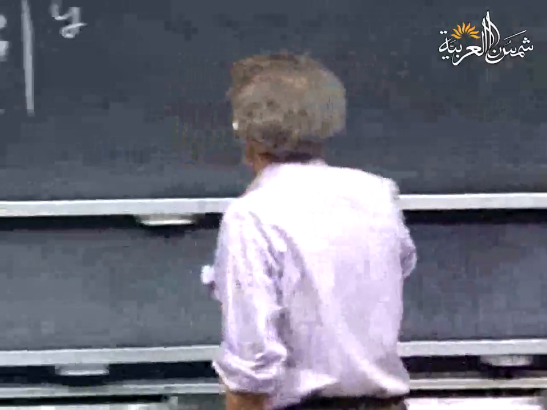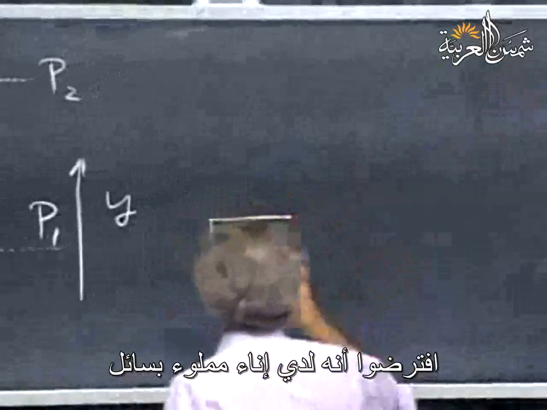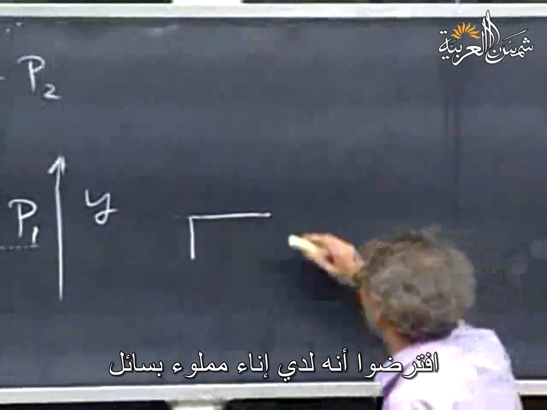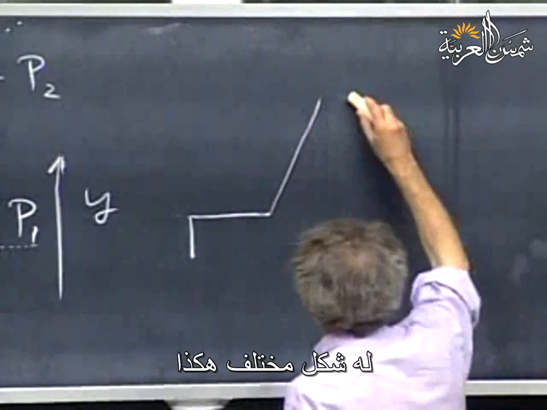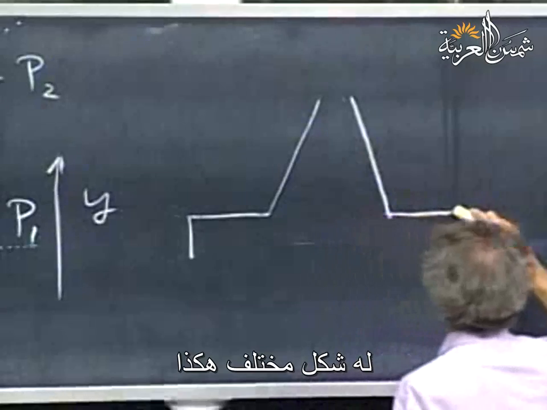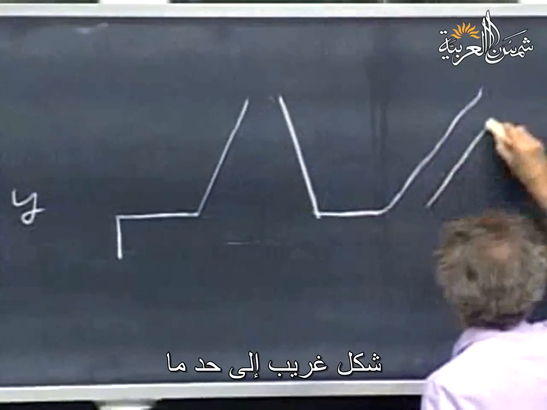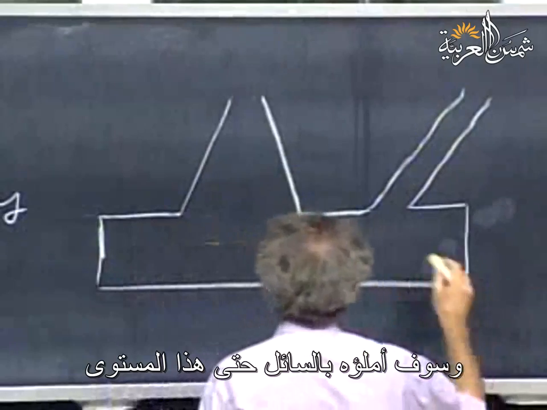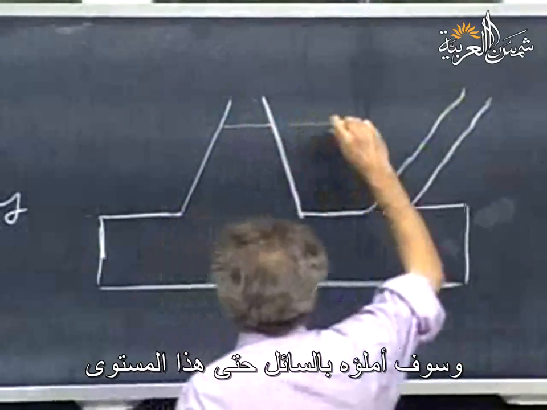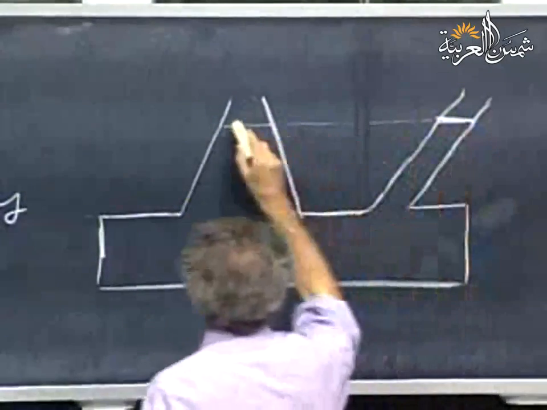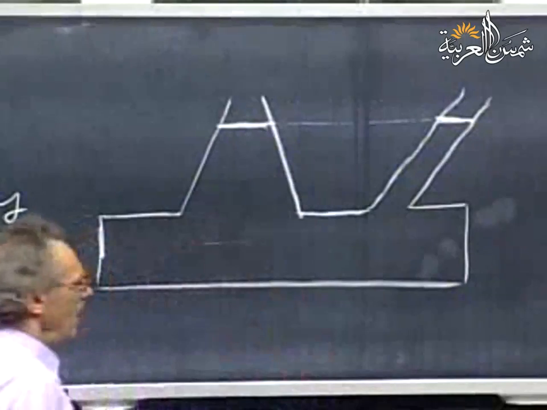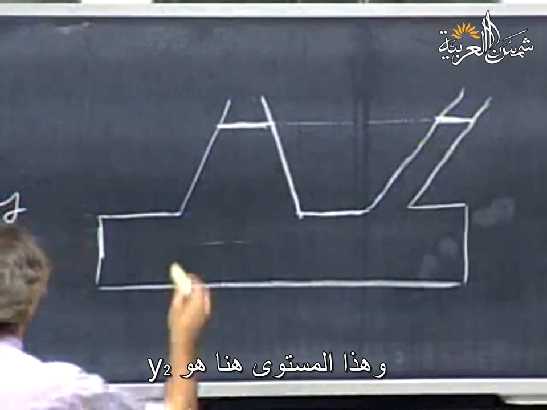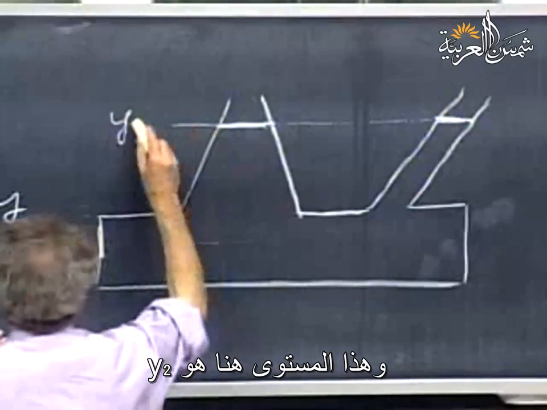This has quite bizarre consequences. Suppose I had a vessel that I fill with a liquid that had a rather strange shape, like so. I would fill it with liquid to this level, and the level here is Y2.